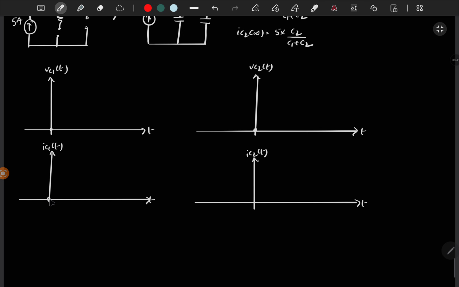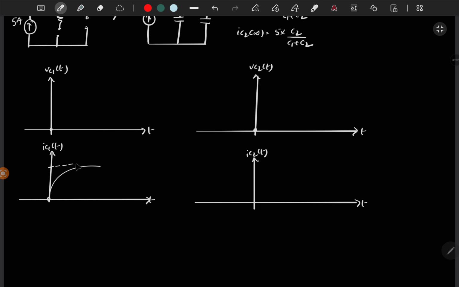In previous circuits, we have seen that all the steady state capacitor currents are 0, because finally the capacitor is charging to some final voltage and the capacitor current is 0. But in this circuit, the steady state capacitor currents are finite for both the capacitors.